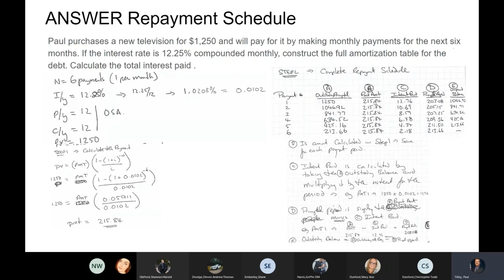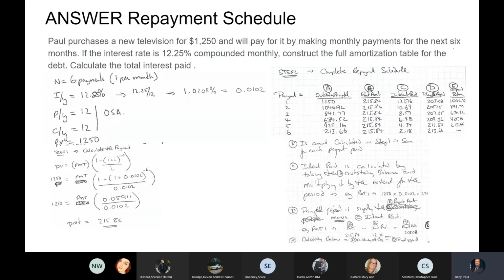In order to calculate the interest, all we need to do is take the $1,250 and multiply it by the interest rate, which is 0.0102. So that will come up to $12.76. The difference between $215.84 minus the amount of interest that was paid would give you how much is paid in repayment, $203.08.